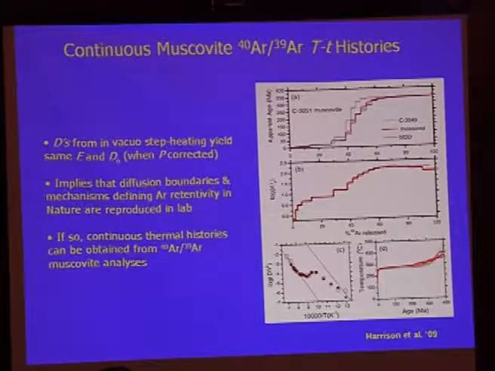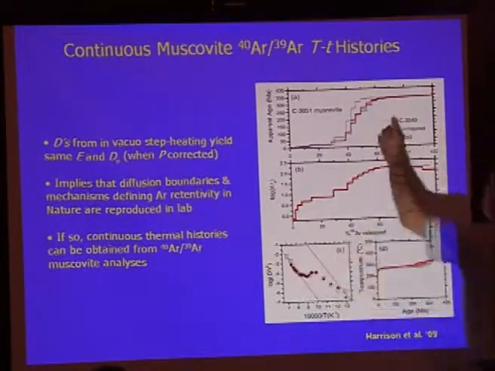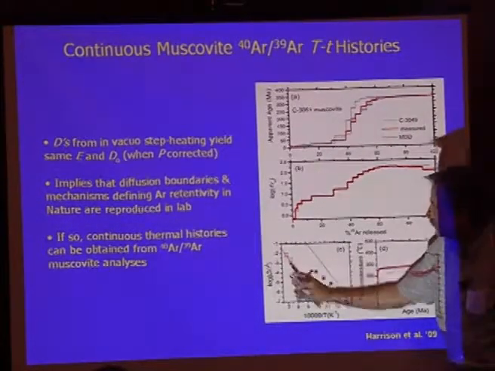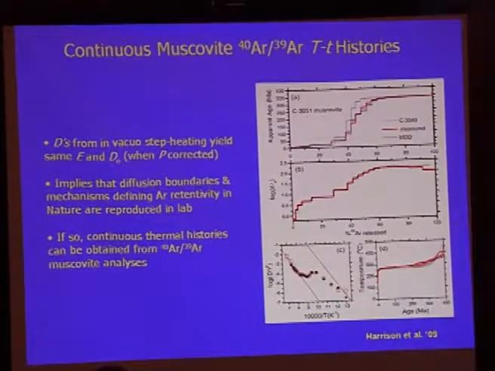Here's the R0 plot. But if we'd known this going in, we could have saved ourselves a lot of fussing with high-pressure experiments, because it turns out that the big domain, where most of the gas is, and where we're going to get our diffusion information from, when we plot the argon-39 diffusion coefficients, guess what that gives me? 63 kilocalories per mole.